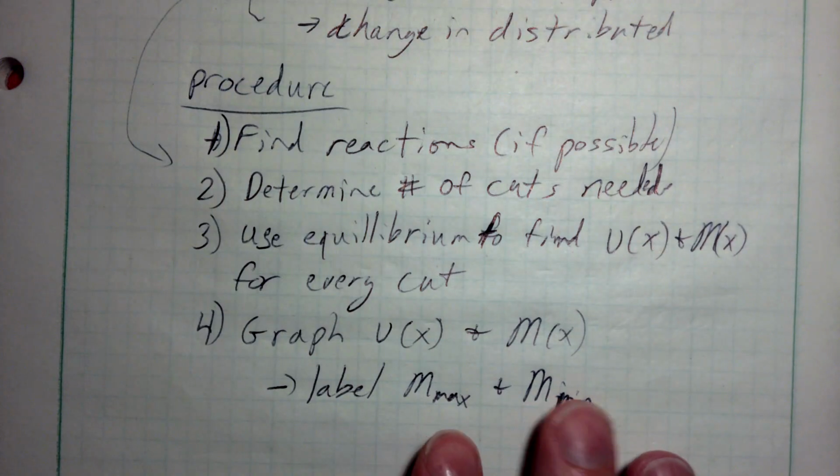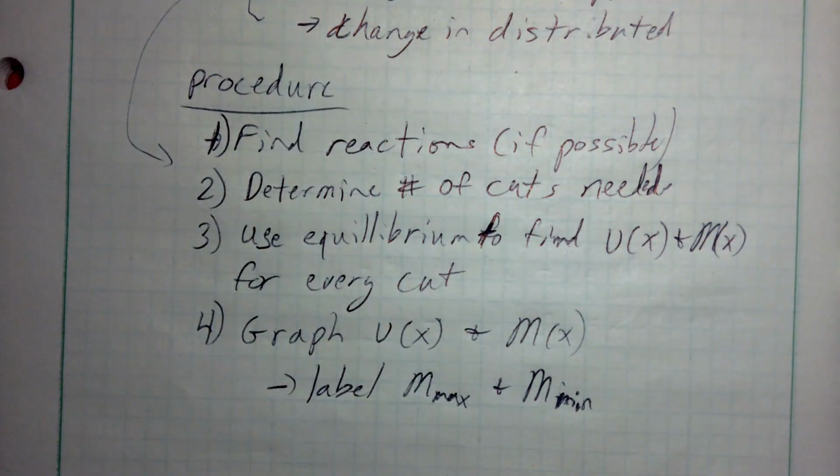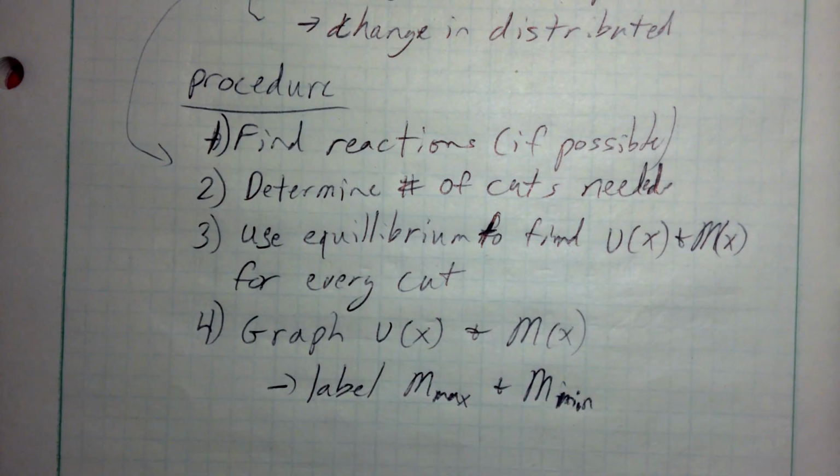Why is this important? Well, if the beam is going to fail, or buckle, or break, it's going to occur where I experience a local maximum or local minimum, meaning the largest or the smallest negative value. Where I experience the most bending moment is most likely where I'm going to experience the most stress in that beam, and the stress is what's actually going to cause it to fail.